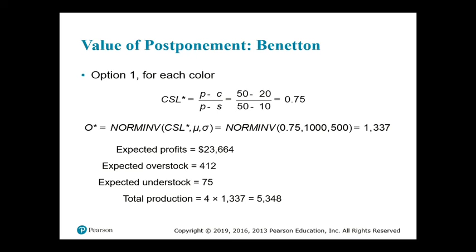So you can calculate the total production by multiplying each by 4, and the total profit is also each profit multiplied by 4, so $94,576.